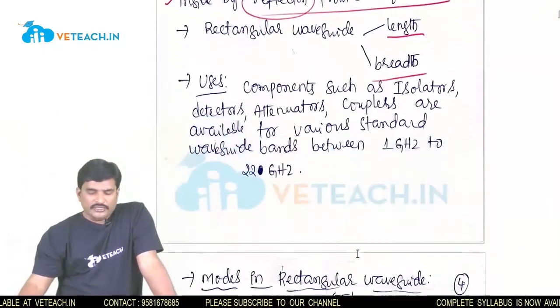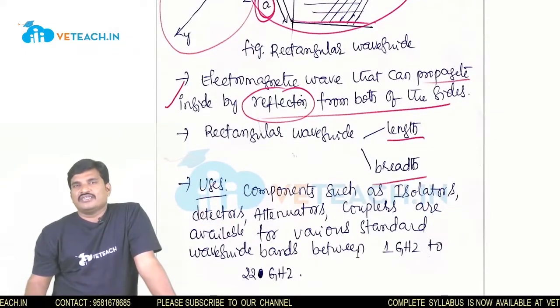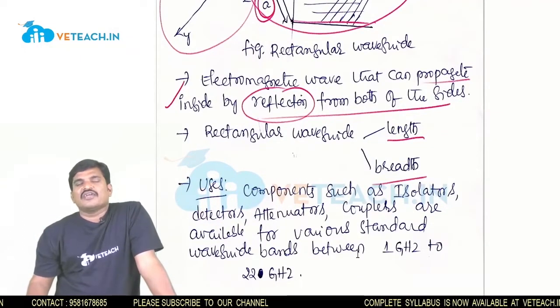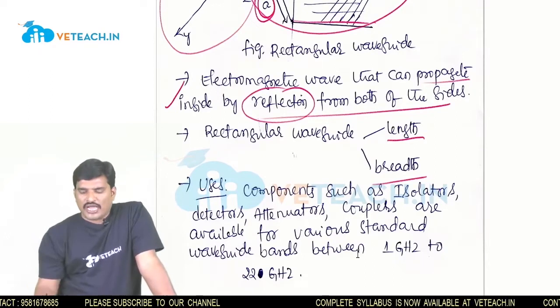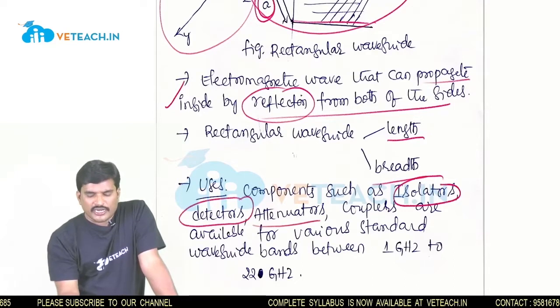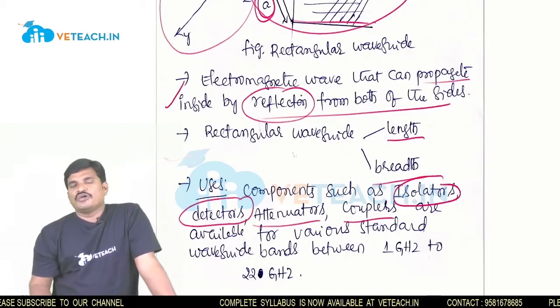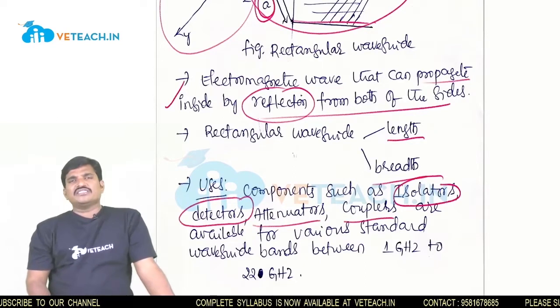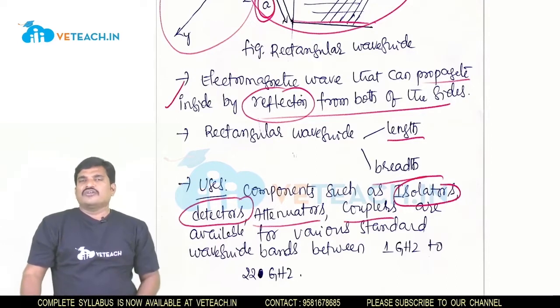Then, what are the uses of rectangular waveguides? Rectangular waveguides are very important for microwave components such as isolators and detectors, and attenuators, and finally couplers, the directional coupler we use there. For all these, the underlying methodology we apply is the rectangular waveguide.